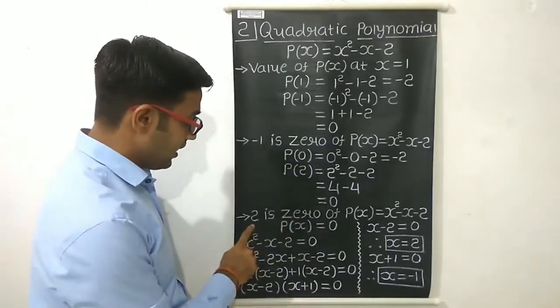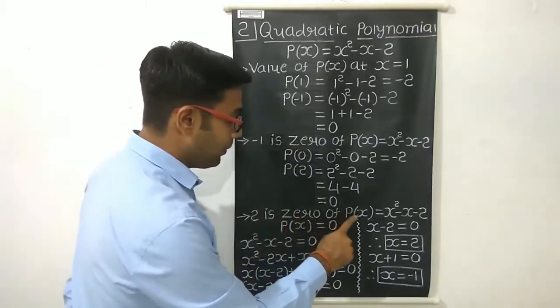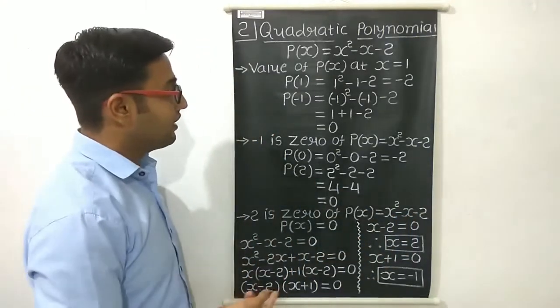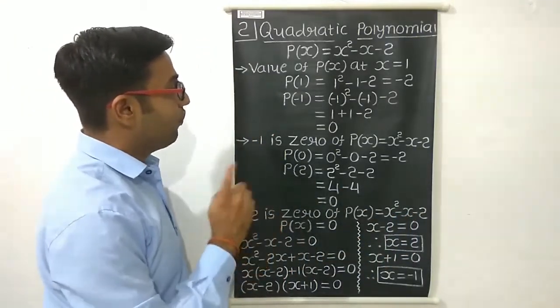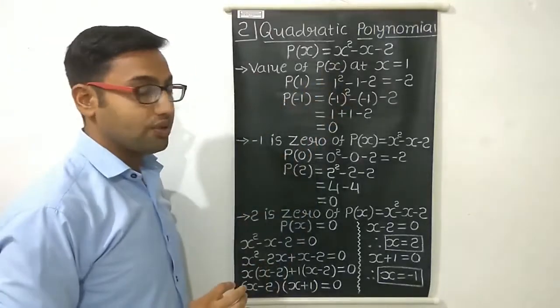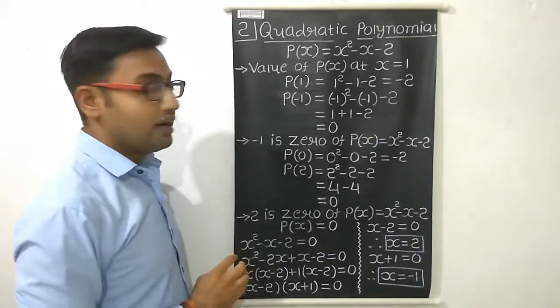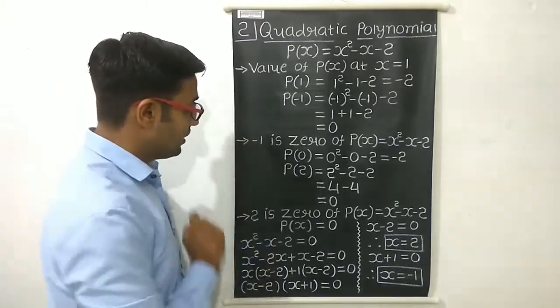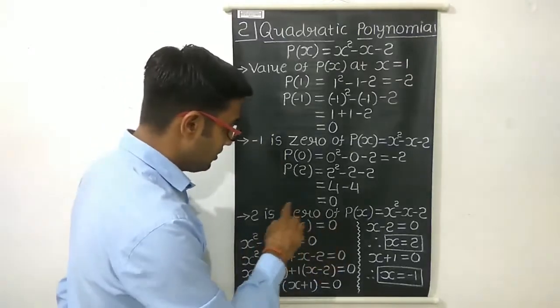So again we can say that 2 is a 0 of p of x equals x square minus x minus 2. Here we get two values of x for which the given polynomial becomes 0. So the number of zeros is 2. One is minus 1. The second one is 2.